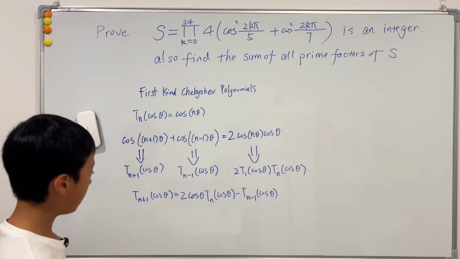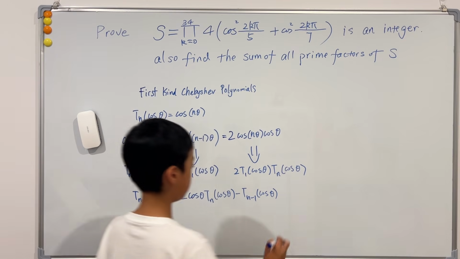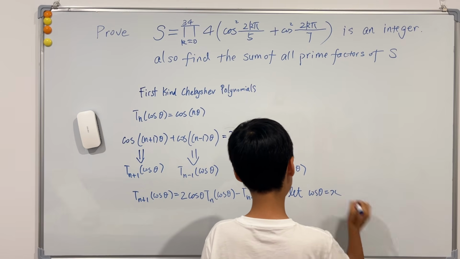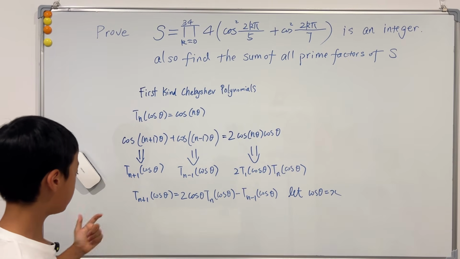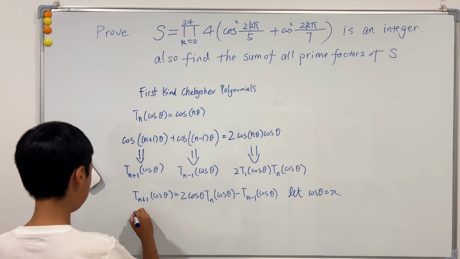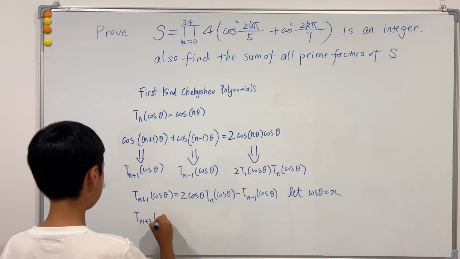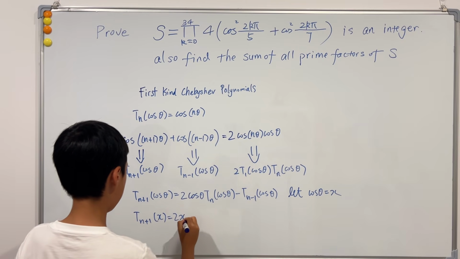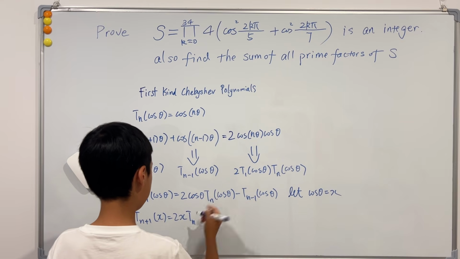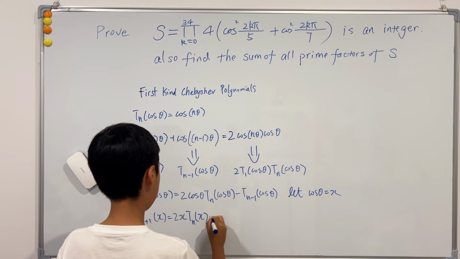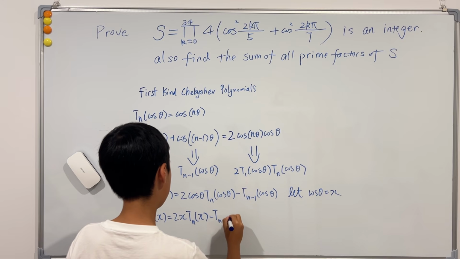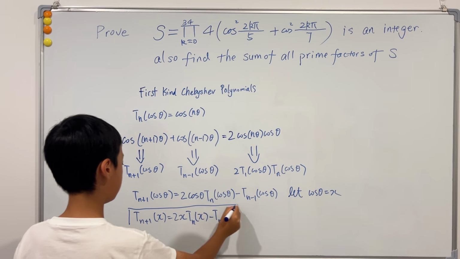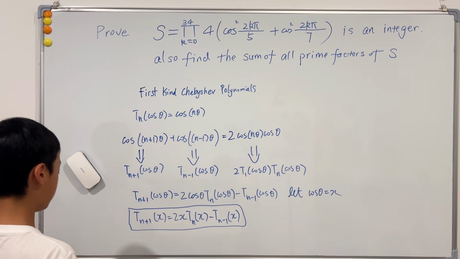And to make our lives easier, I'm just going to let cosine theta be x. So then this recurrence equation becomes Tn plus 1 of x is equal to 2 times cosine theta, which is x, times Tn of x, minus Tn minus 1 of x. So this is our final recurrence equation.